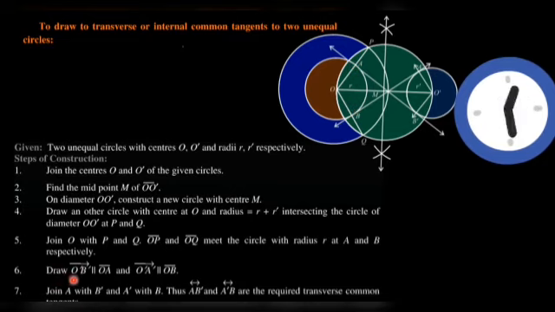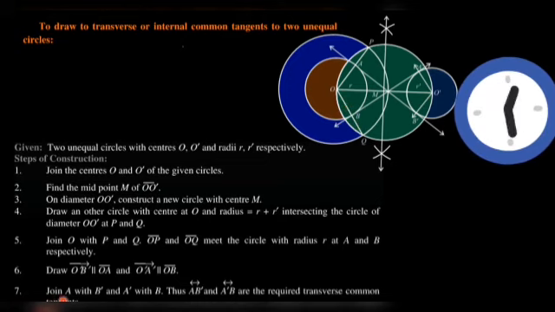Similarly, we draw O prime B prime, which is parallel to OA. This is line O prime B prime, and it is parallel to OA, and this is O prime A prime, and it is parallel to line OB.